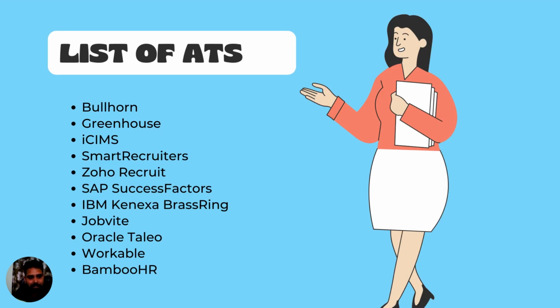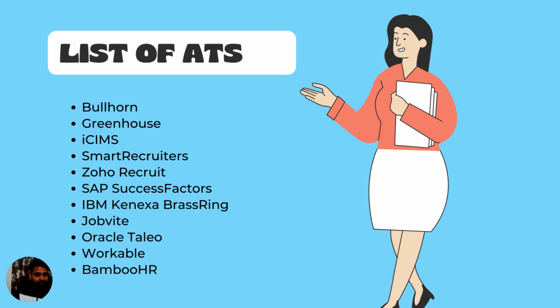I have listed the names of some applicant tracking systems that are majorly used by different staffing companies. So Bullhorn, Greenhouse, iCIMS, SmartRecruiters, Zoho Recruit, SAP SuccessFactors, IBM Kenexa BrassRing, JobVite, Oracle Taleo, Workable, and BambooHR. These are the major applicant tracking systems.